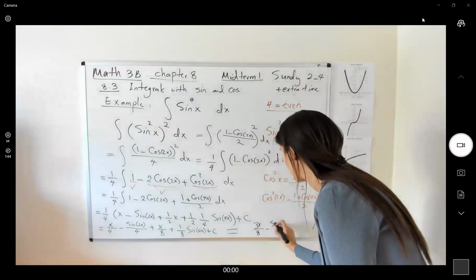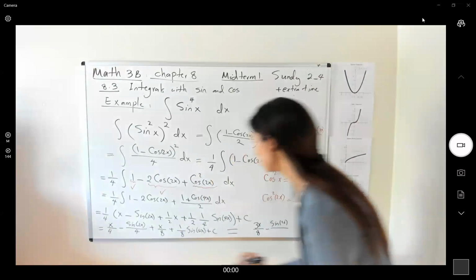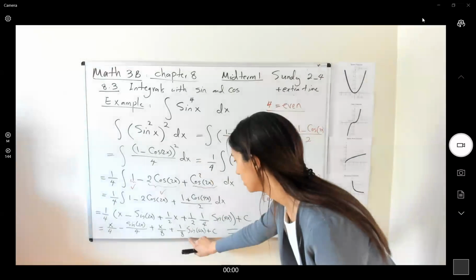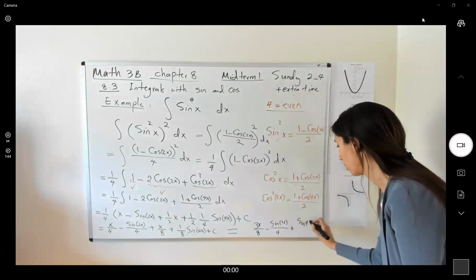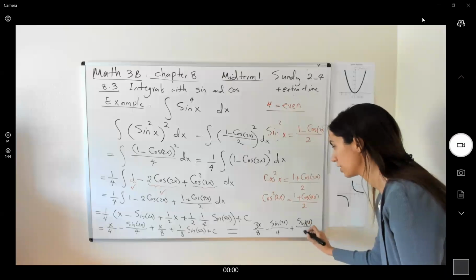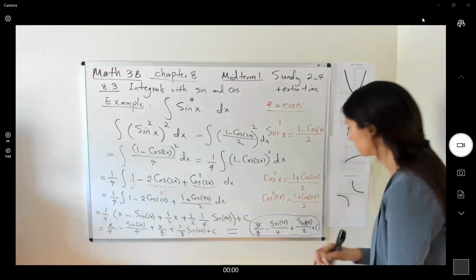minus sine 2x divided by 4 plus sine 4x divided by 8 plus constant of integration.